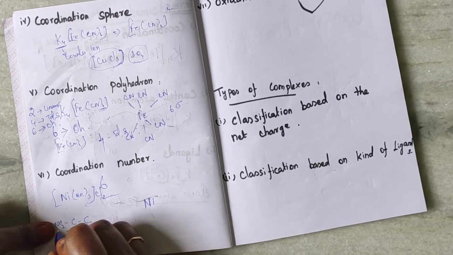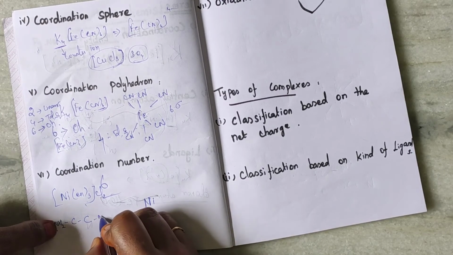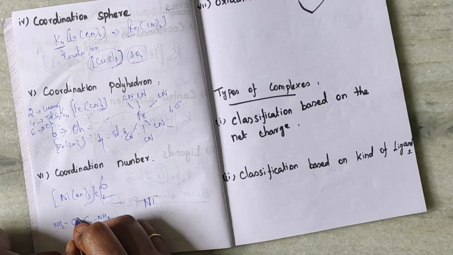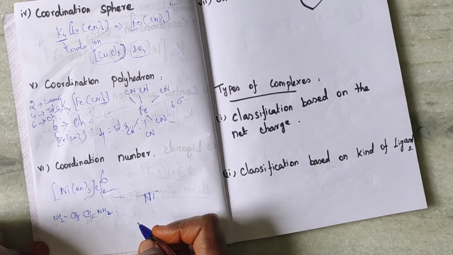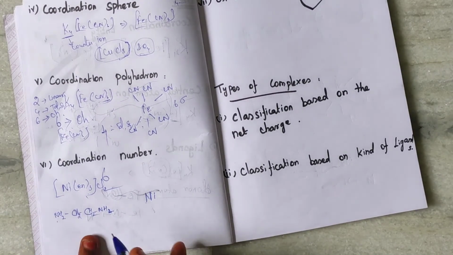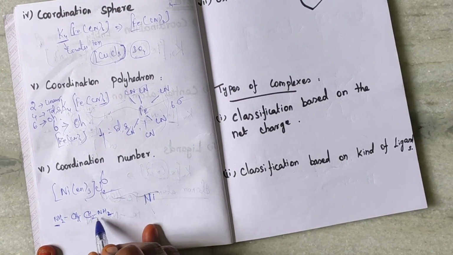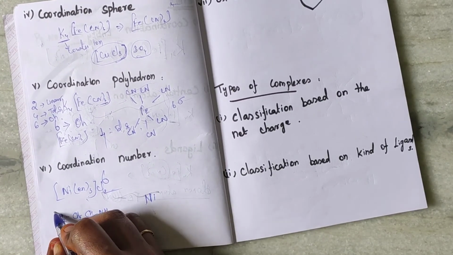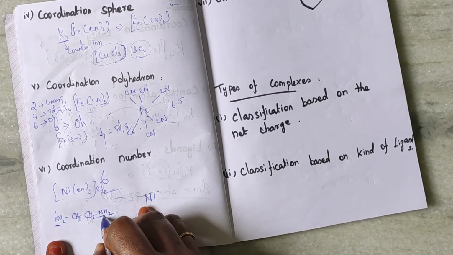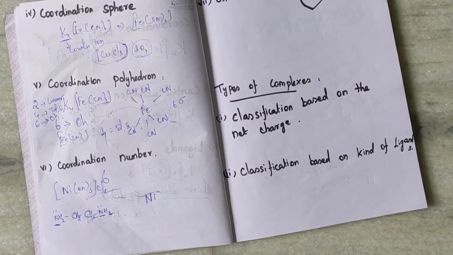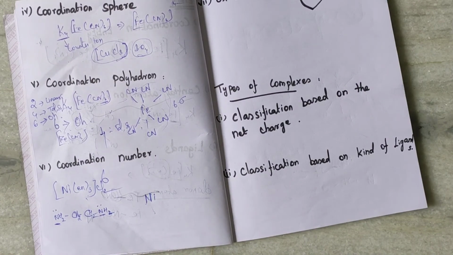The first position has one amine group and the second position has another amine group. So balance it: CH2, CH2. This ethylene diamine has 2 donor nitrogen atoms. One has a lone pair of electrons, and this also has another lone pair of electrons.